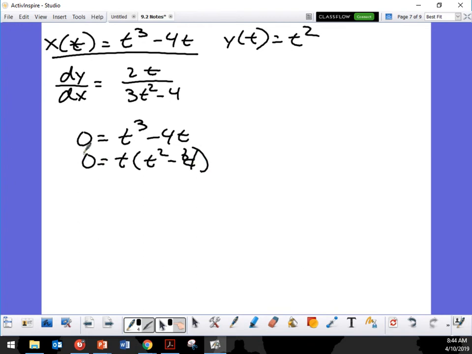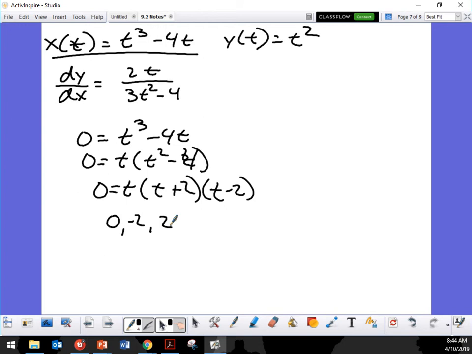From here, I get t times (t plus 2)(t minus 2) equals 0. So I have points at 0, -2, and 2. There's my points.